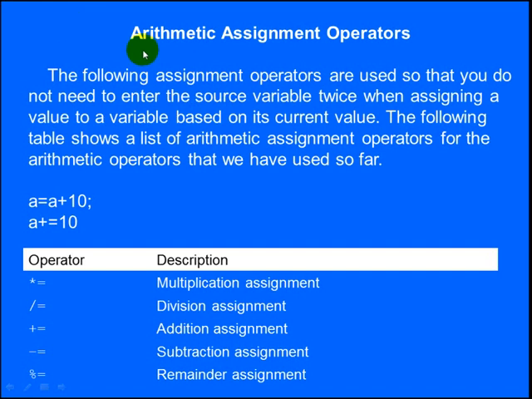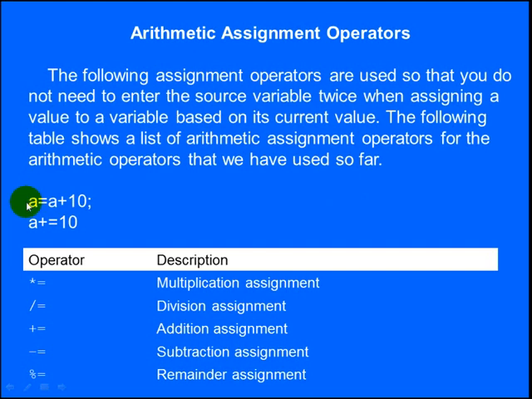The following assignment operators are used so that you do not need to enter the source variable twice when assigning a value to a variable based on its current value. The following table shows a list of arithmetic assignment operators for the arithmetic operators that we have used so far.